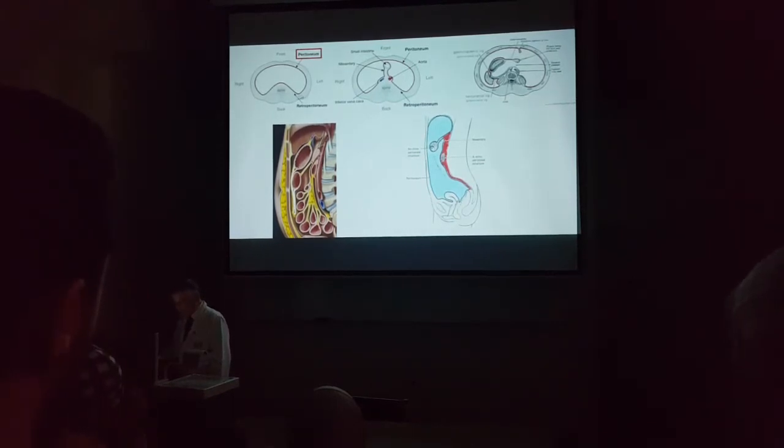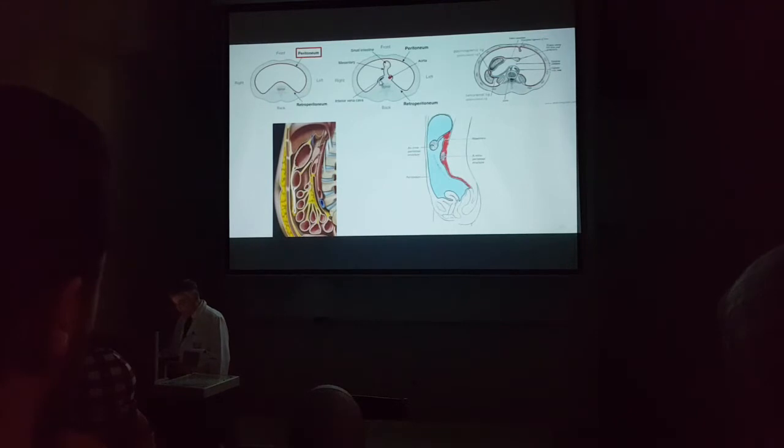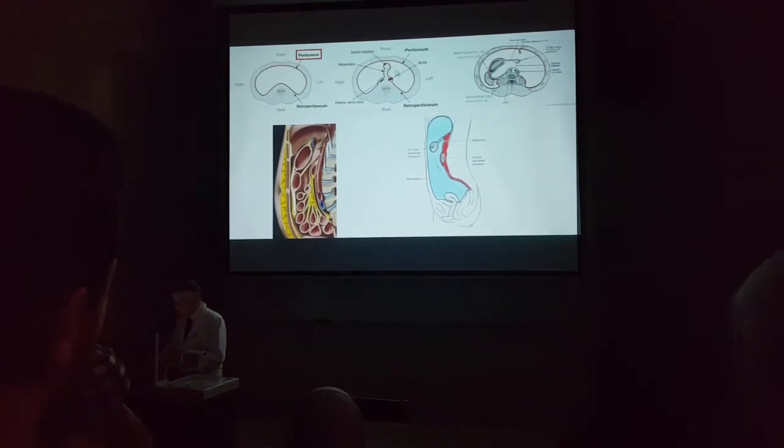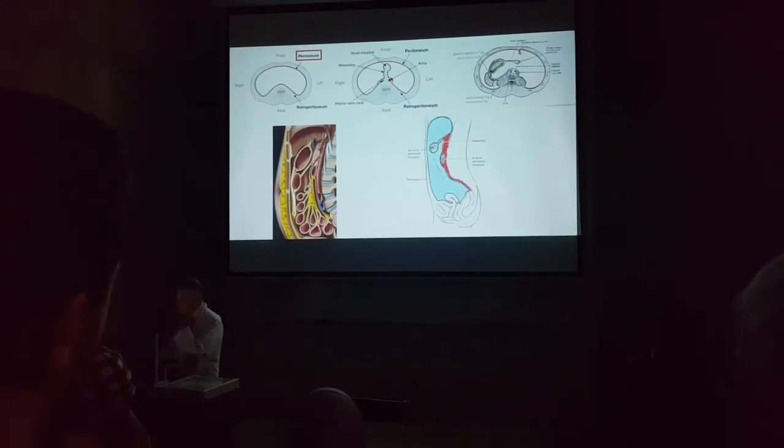Some of them stay in the posterior abdominal wall, covered by peritoneum. Some of them get longer and bulge into the greater sac of the peritoneum.